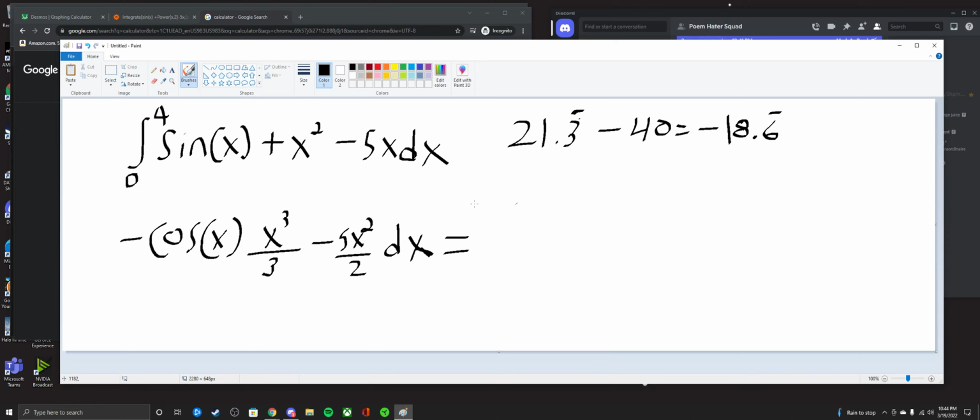Okay. And now we have our negative cosine of x here. And this is where things get a little weird. So we'll put this in here. Negative 18 point, minus cosine 4.